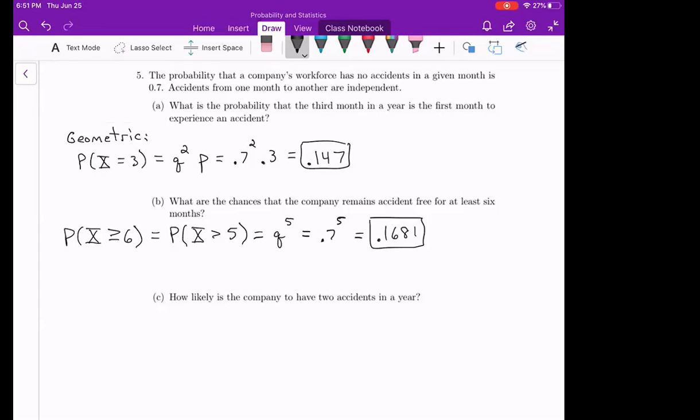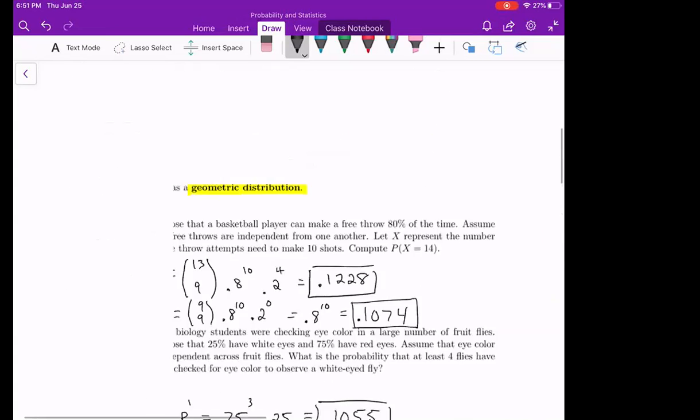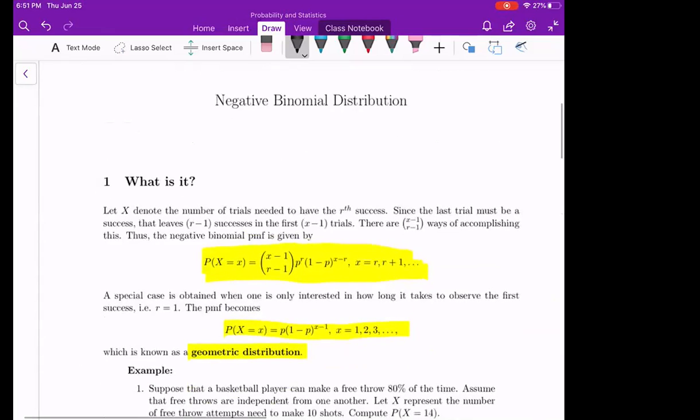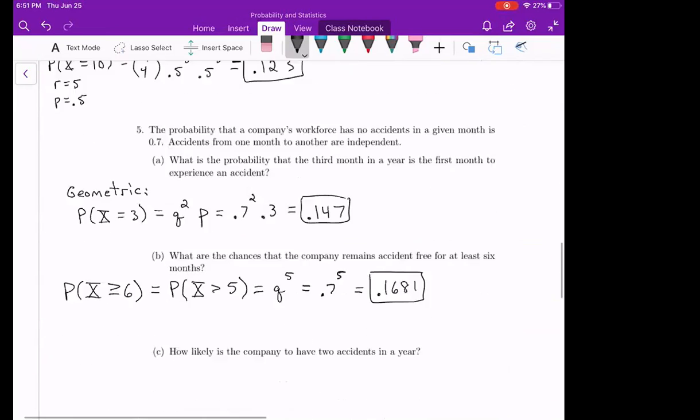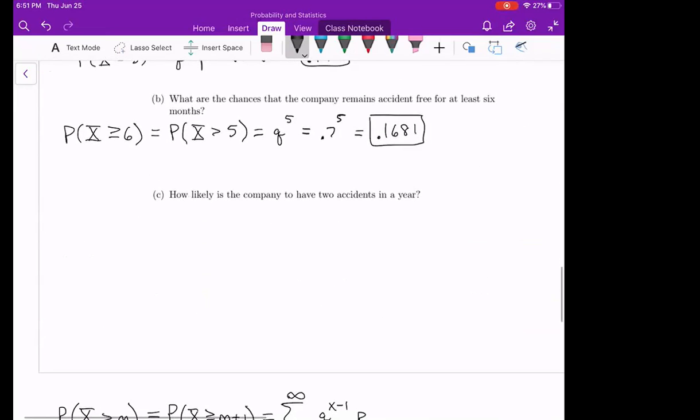What's a negative binomial? That is the distribution that this handout is about. Oh, that's what it's called. Is part C requiring a negative binomial distribution or something else? And if it is a different distribution, which one?